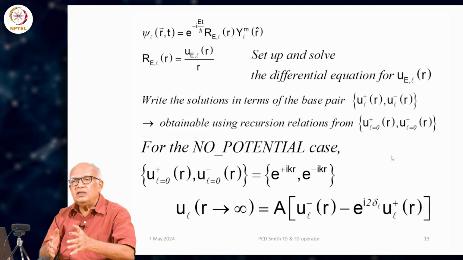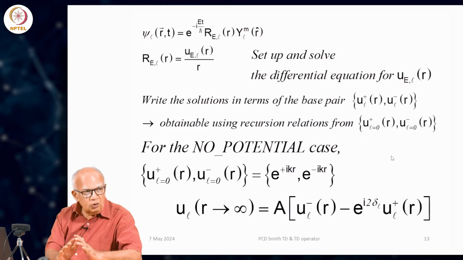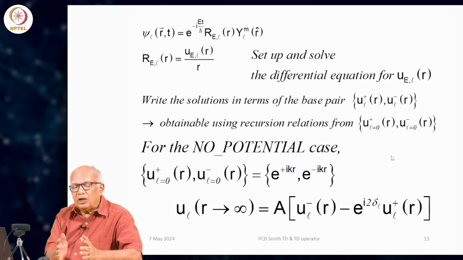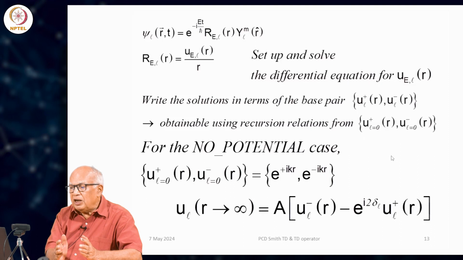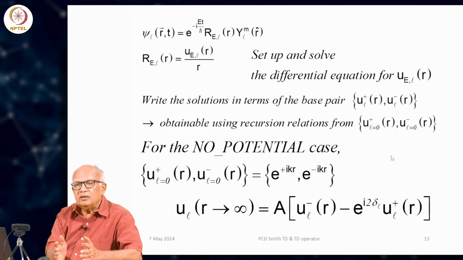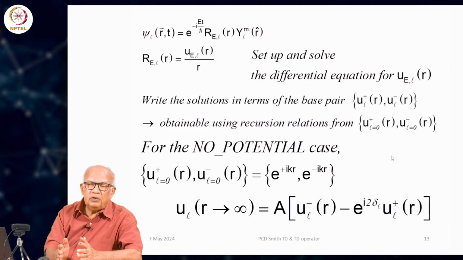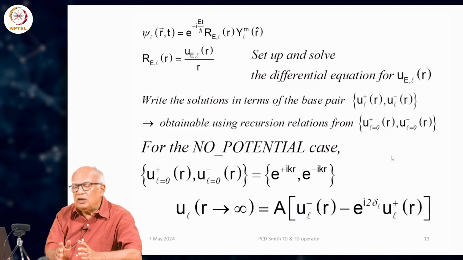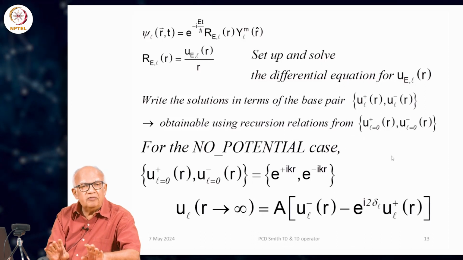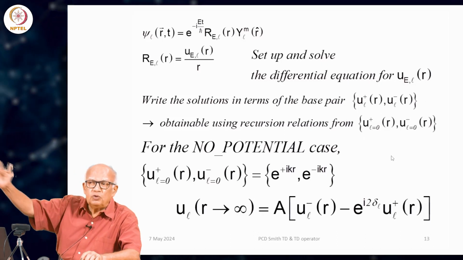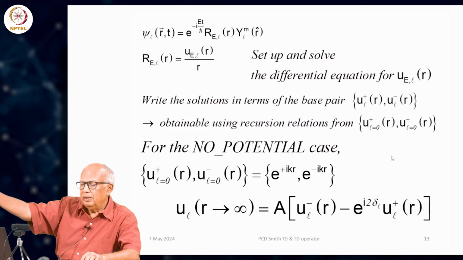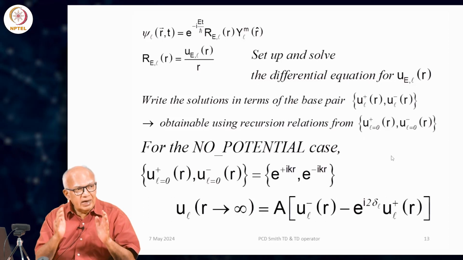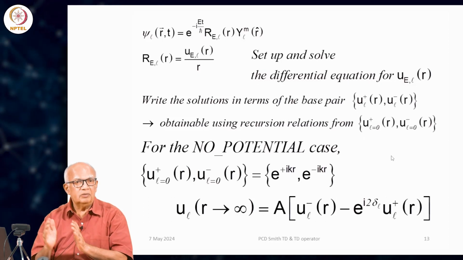So, your reference is having no target, zero potential. You are interested in what the potential does, and what it does is very minimal but very significant. Minimal in the sense that the solutions have the same form. As r tends to infinity, you get a sinusoidal function, but the argument of the sine function is a phase angle, and that phase angle is shifted because of the potential.